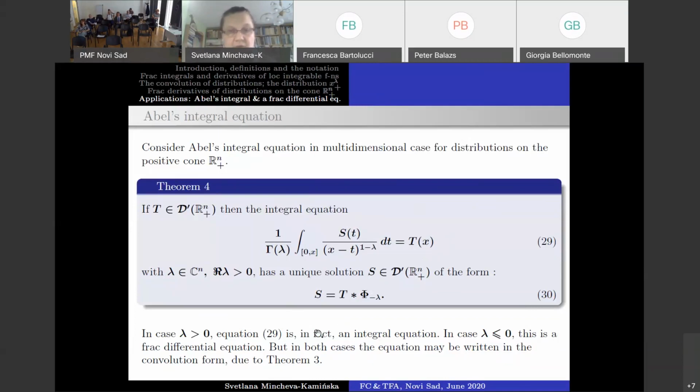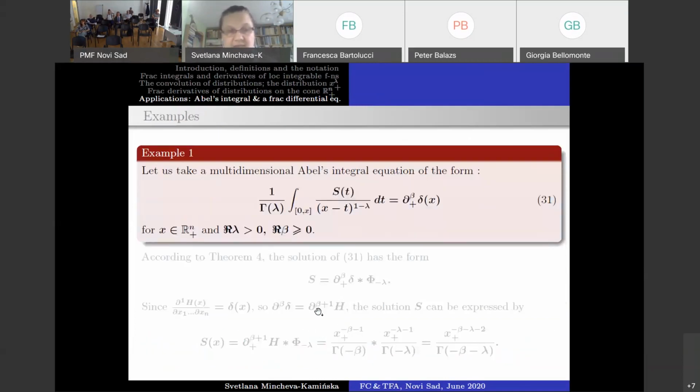And here on the next slide, I present only a very simple example of such a multidimensional Abel's integral equation in the case when on the right-hand side there is a derivative of the delta Dirac measure of order beta, where beta is an arbitrary complex vector which has non-negative real parts.